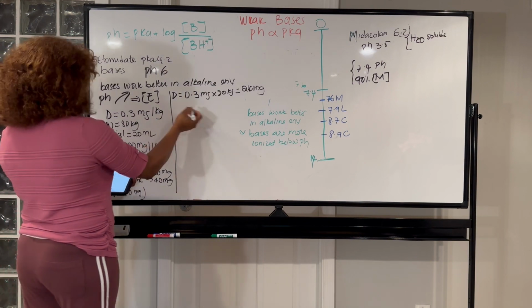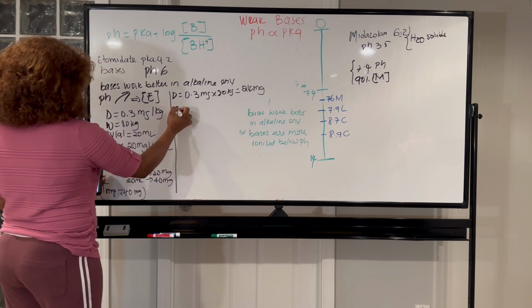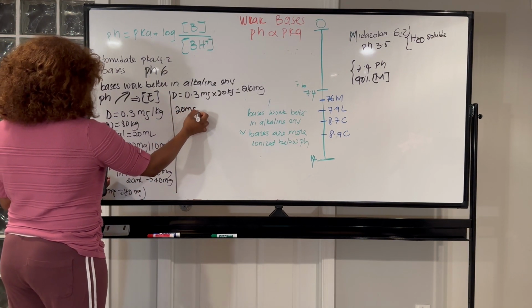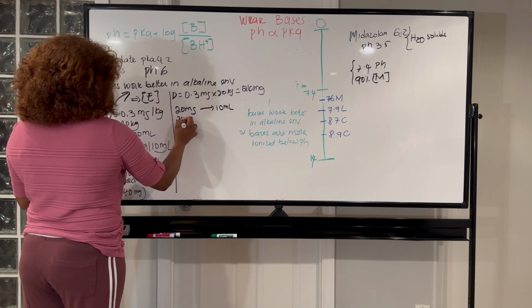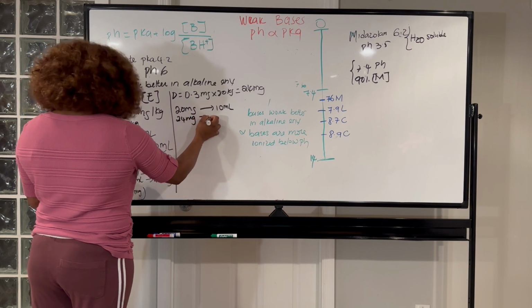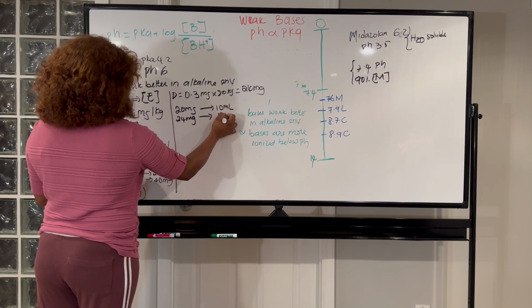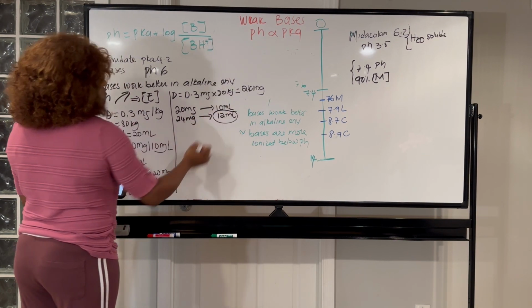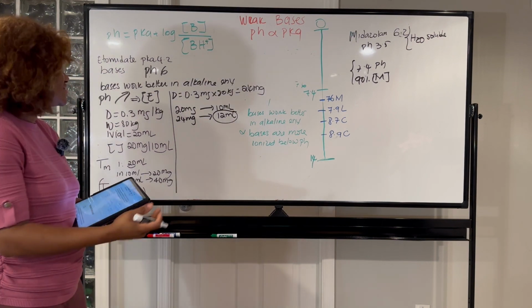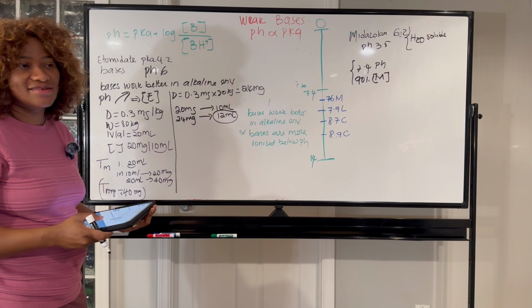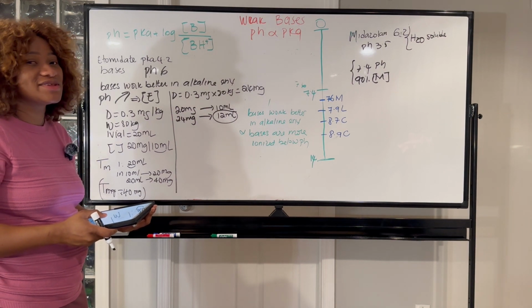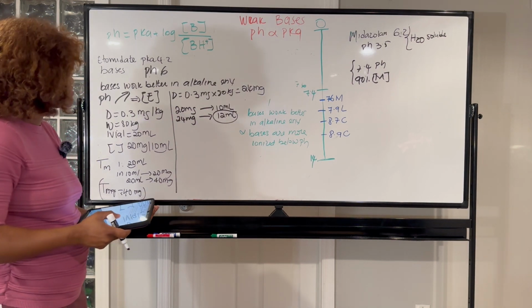The question wants it in ml. And we know that 20 milligram give us 10 ml. 24 milligram will give us 12 ml. So this is just like in nursing school when we were doing the heparin calculation.